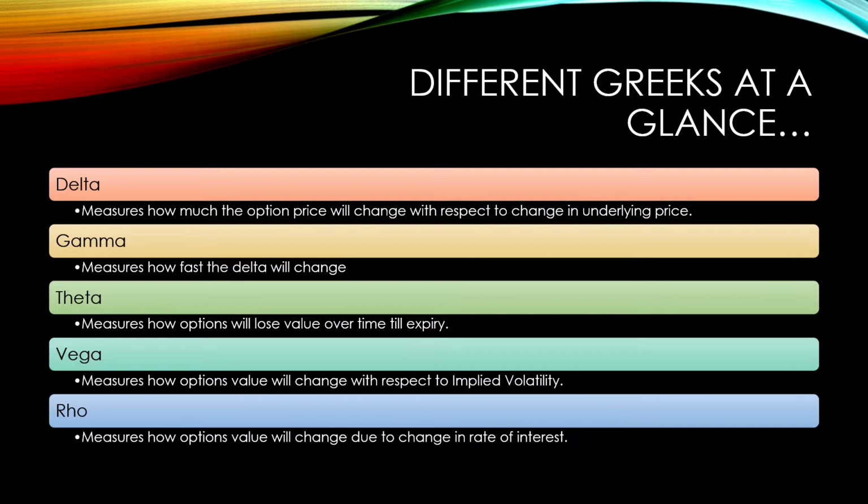There are traders who focus on ultra long term options that expire in 6 months, 12 months. In such options, the change in rate of interest matters, but in short term options, weekly options, monthly options, it doesn't matter that much. So we won't dive into rho. We will just look at the above four Greeks, delta, gamma, theta, vega, in detail.